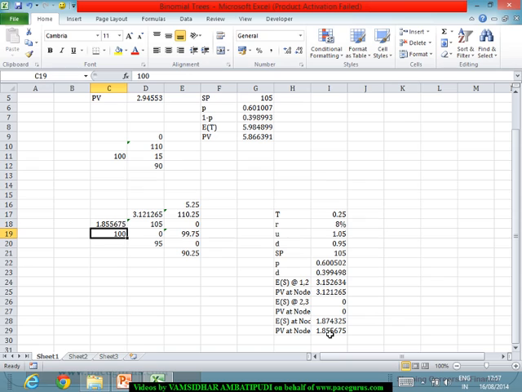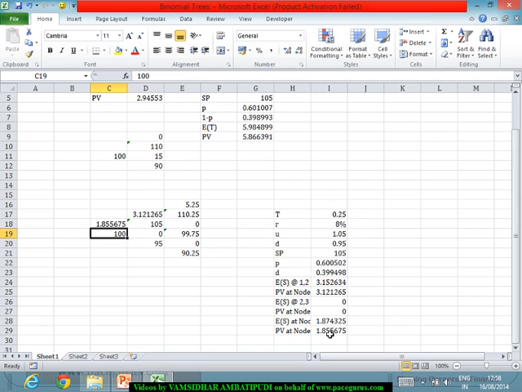Whatever is the number of steps involved in the binomial tree, the way we go ahead is start from the last and break that entire tree into so many one period binomial trees.